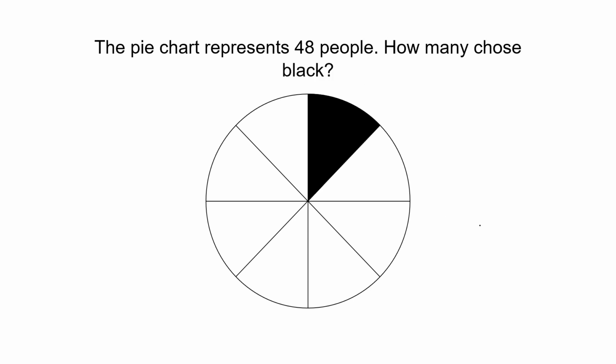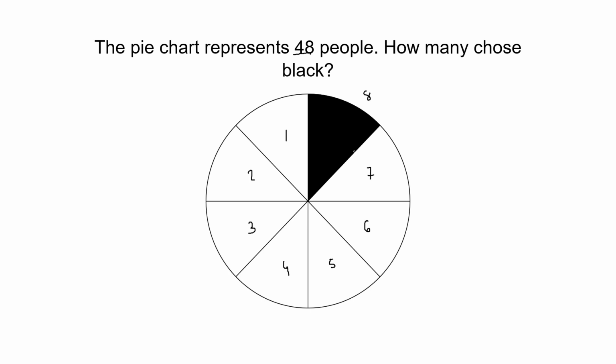Okay, let's have a look at this one. The pie chart represents 48 people. How many chose black? Okay, so this one's a bit of an inverse. It tells us that in total there's 48 people. So let's count how many sections our pie chart has again. We've got 1, 2, 3, 4, 5, 6, 7, and 8.